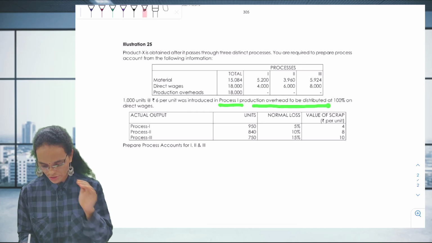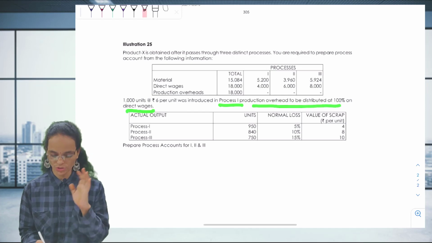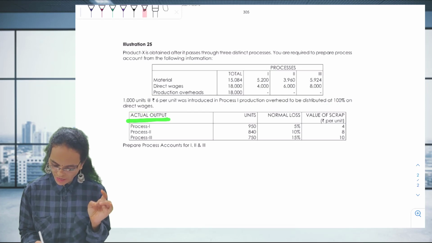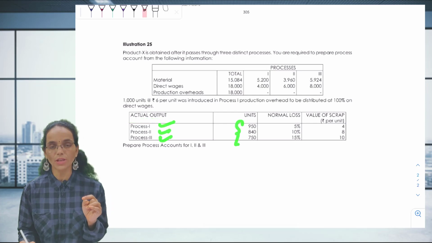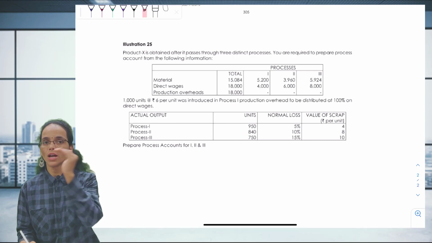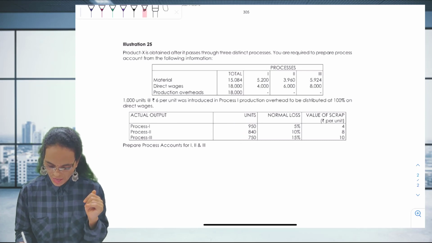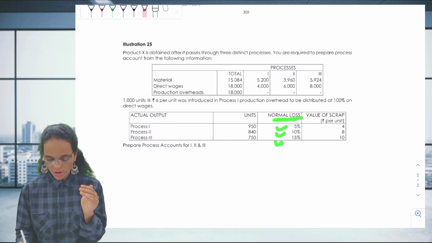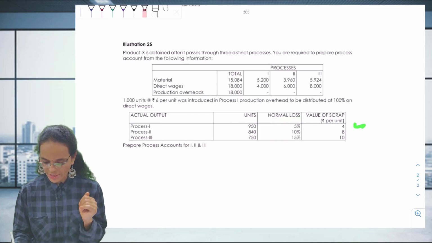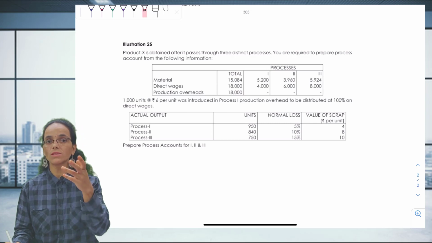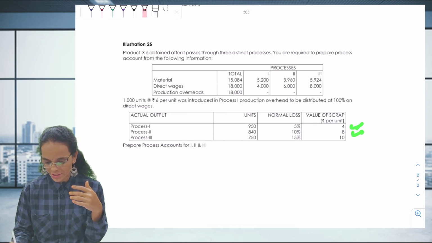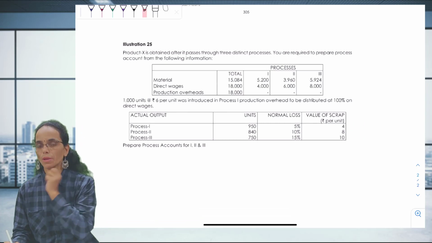Production overhead is to be distributed at 100% of the direct wages. The actual output from process 1, process 2 and process 3 is given. These are the units that actually come out from the respective processes, and the normal loss in the respective processes is also given. The scrap value is given too: when you get some normal loss, those loss units can be sold in the market at these rates in the respective processes.